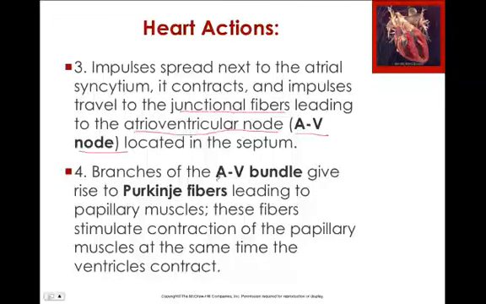Then from the AV node, you have a branch coming off called the AV bundle, or also sometimes better known as the bundle of His. And then that bundle of His is going to branch off into your right and your left bundle branches.